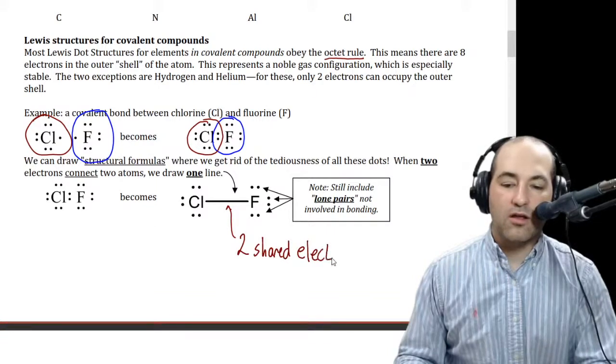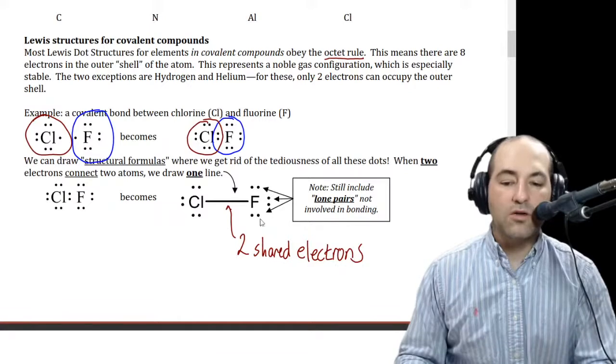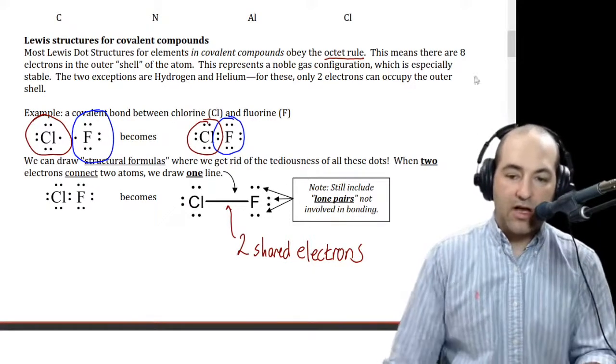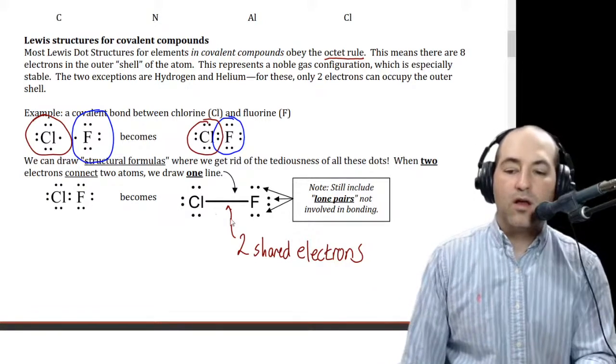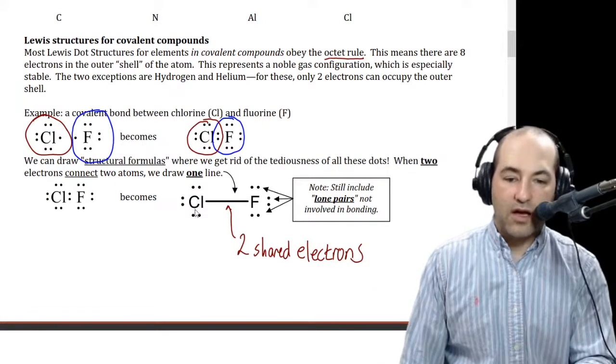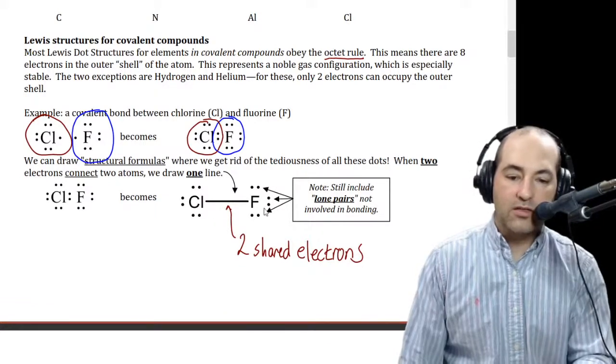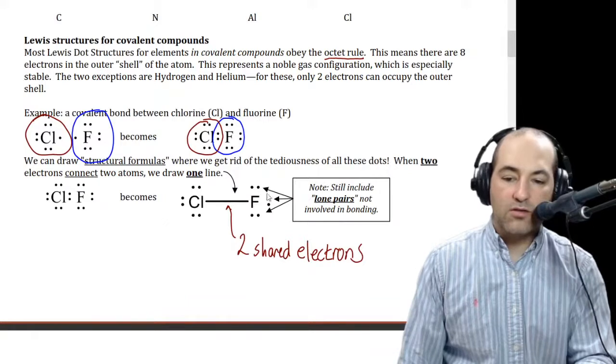Right? So that line means 2 shared electrons. So then when we do our accounting, when we figure out how many electrons the atoms have inside the compound, we would say chlorine here in this compound has 2, 4, 6, 8 electrons. We count both of those covalent electrons. And then fluorine also has 2, 4, 6, 8 electrons.